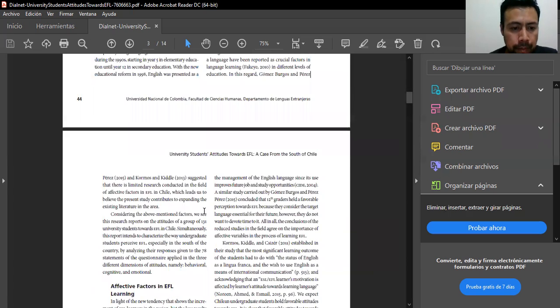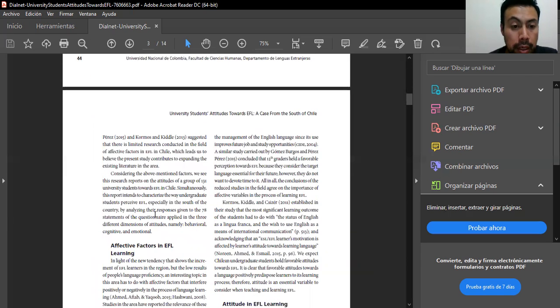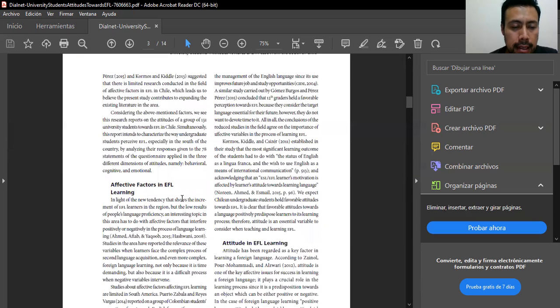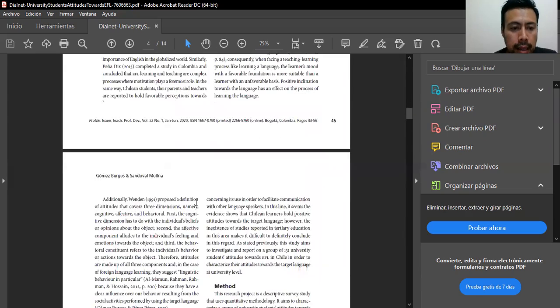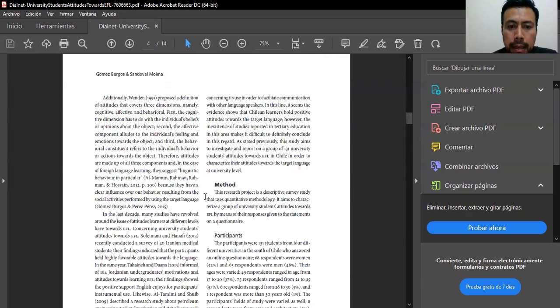So we have the theoretical support, considering we see the research report of a group of 131 university students.